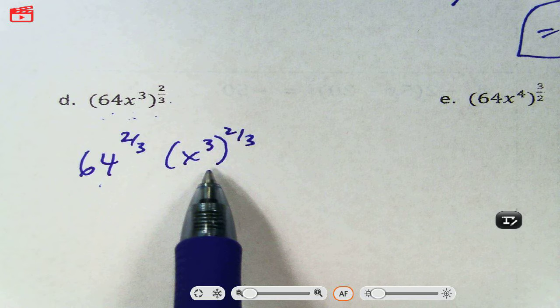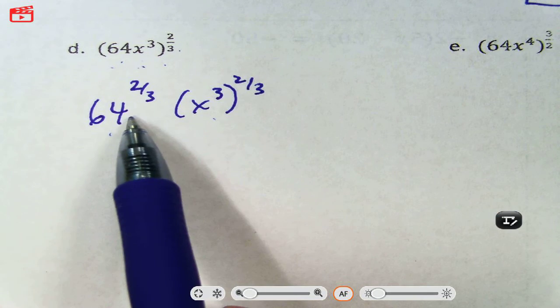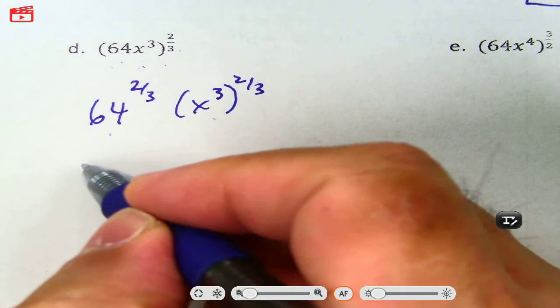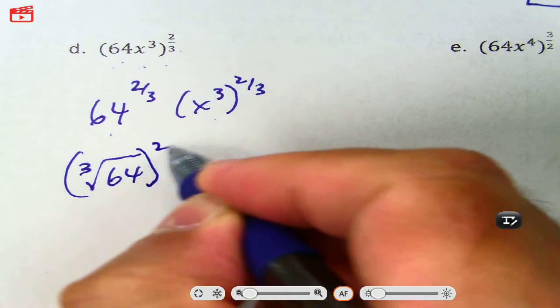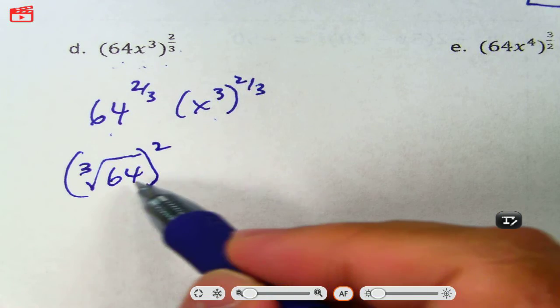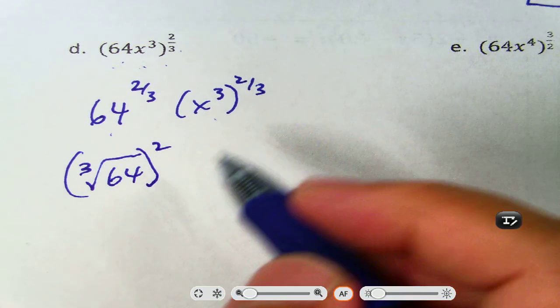Now the 64 to the 2/3, I'm going to rewrite it. Uh-oh, my computer just froze. All right, okay. So what I'm going to do is rewrite this. So this is the one you want to rewrite it with the root first and then the power. Because what you want to do is reduce the size of the number, and roots make the number smaller, okay?